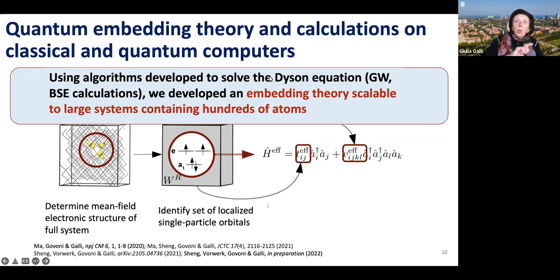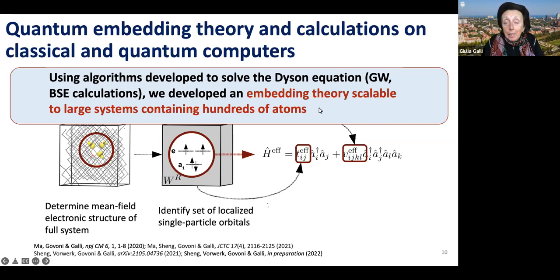These are equations, approximate forms that we learned how to solve to study electronic excited states, to do GW and Bethe-Salpeter equation calculations. Because we came up with these algorithms, spectral decomposition of dielectric matrices and so on and so forth, we actually were able to compute this for these realistic systems quite fast.